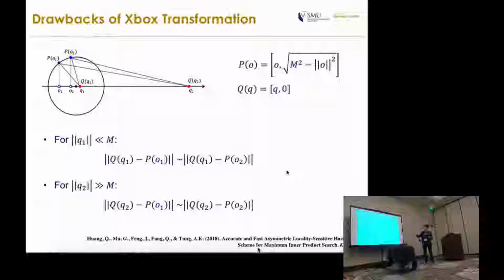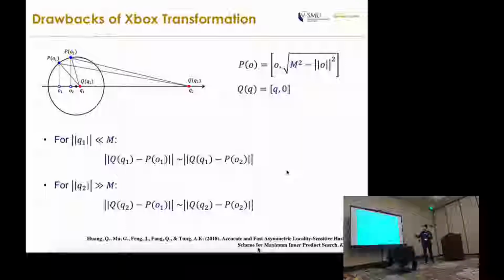Sorry, it's still Q1. But the basic idea is that if the norm of the query vector is too small, then after the transformation, the transformation affects the ranking.